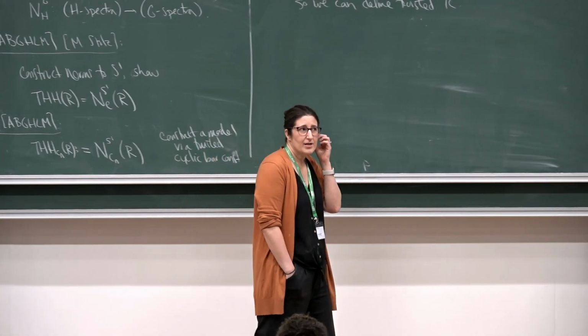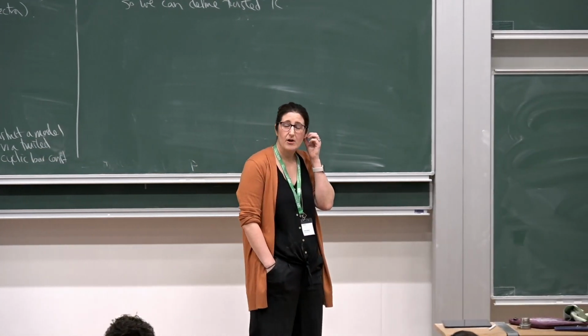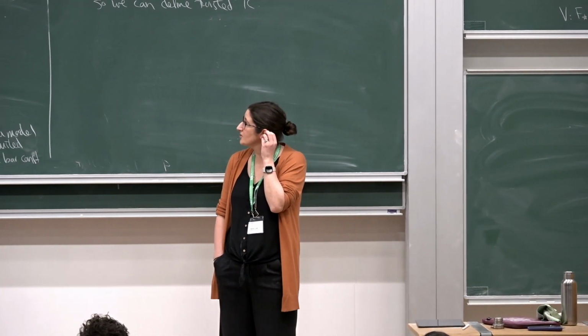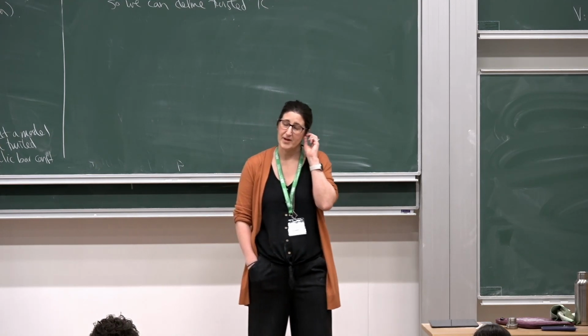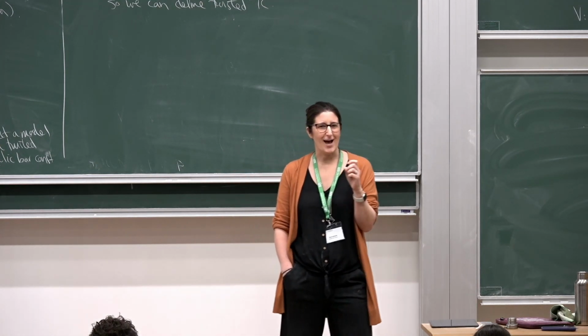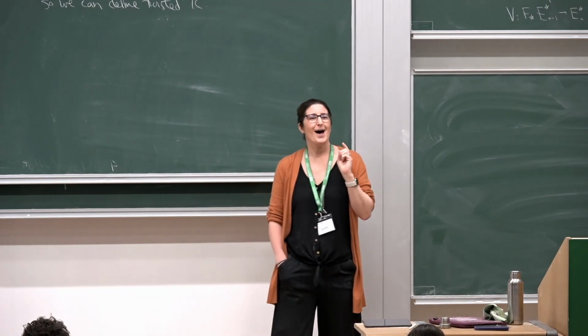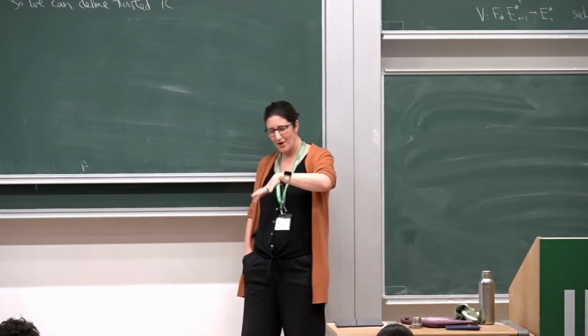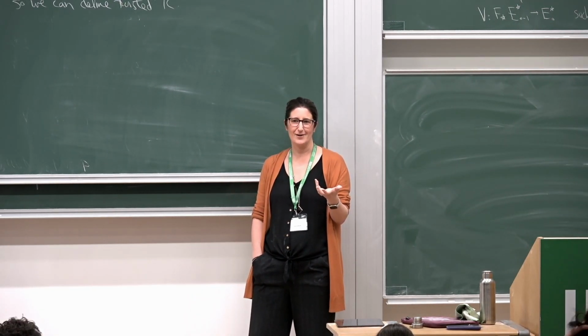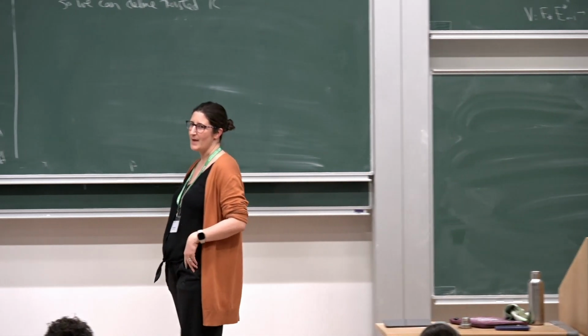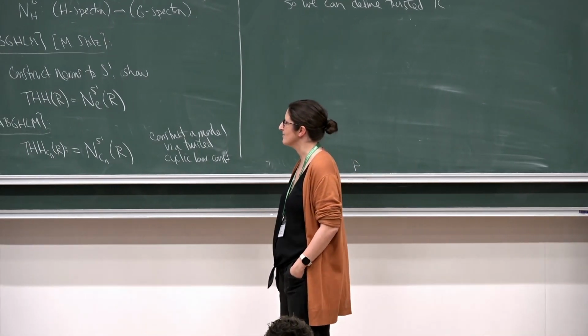But if you think about ordinary THH, why did we start caring about ordinary THH? I'm old, but not quite that old, so that was before my time when ordinary THH was being developed. But it was developed as part of a program to understand algebraic K-theory. It was developed to receive a map from algebraic K-theory as an approximation.